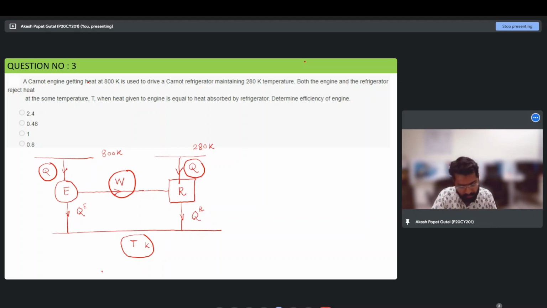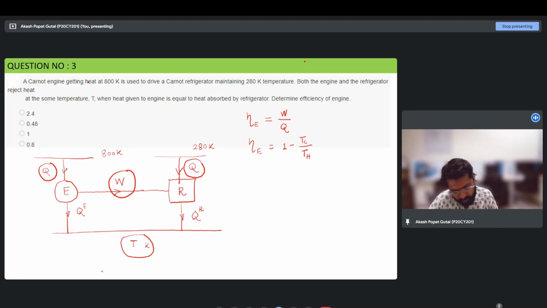So the first step is we have to calculate the efficiency eta for the engine, which according to the definition is nothing but the work done divided by the heat supplied to the engine, which is W by Q. And we can write it in another way in terms of temperature: 1 minus T cold divided by T hot.